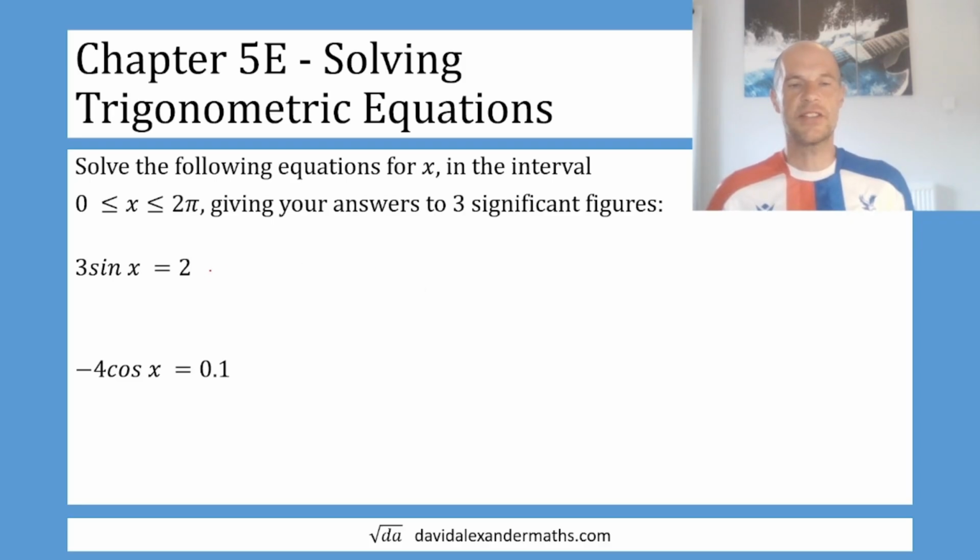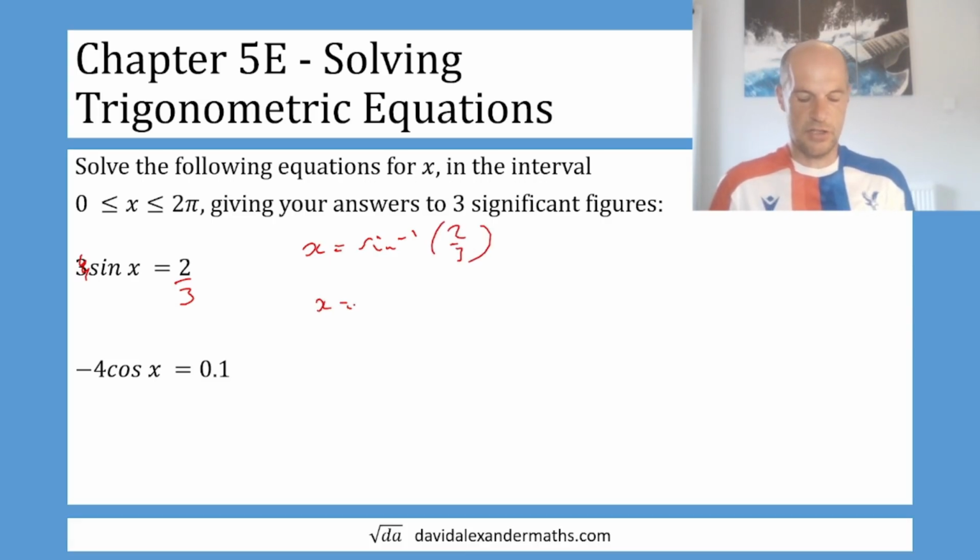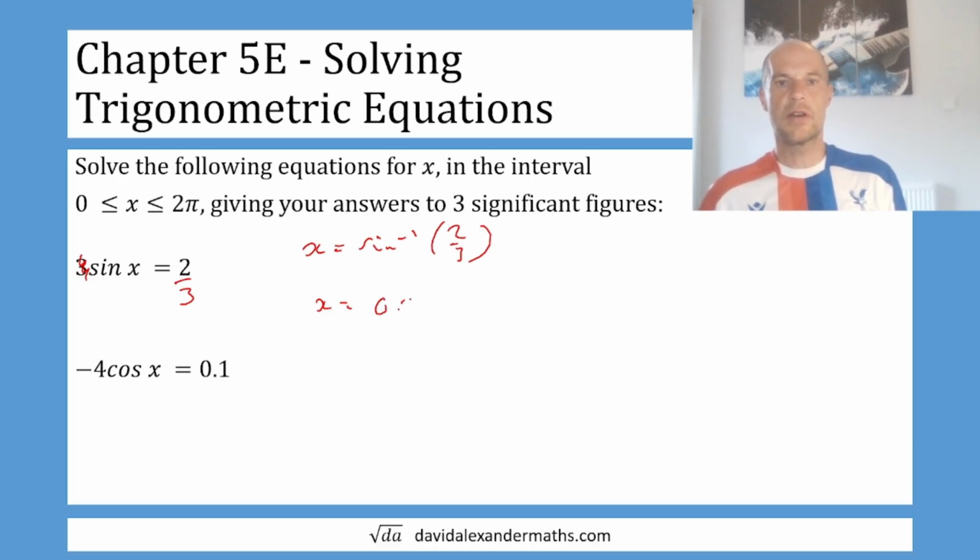Okay, so similar type question. If 3 sine x is 2, then sine x is 2 over 3. So x is the inverse sine of 2/3. So x is 2 divided by 3 equals shift sine answer equals 0.730, to three significant figures.